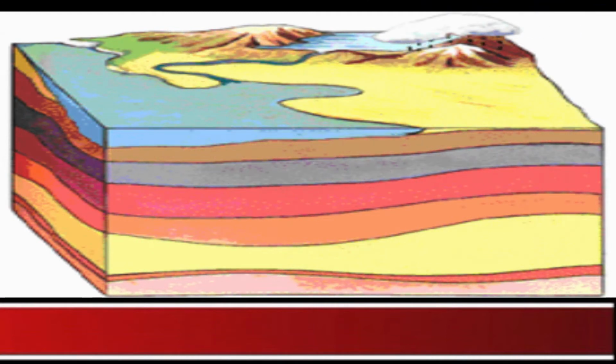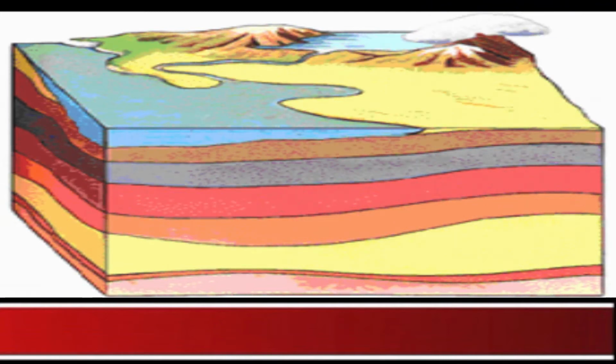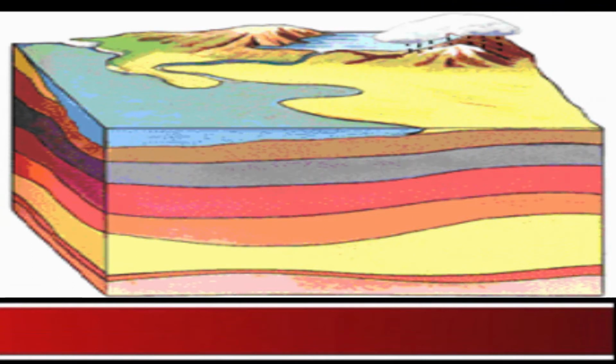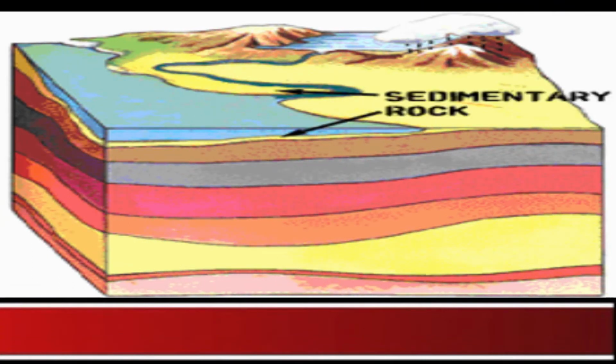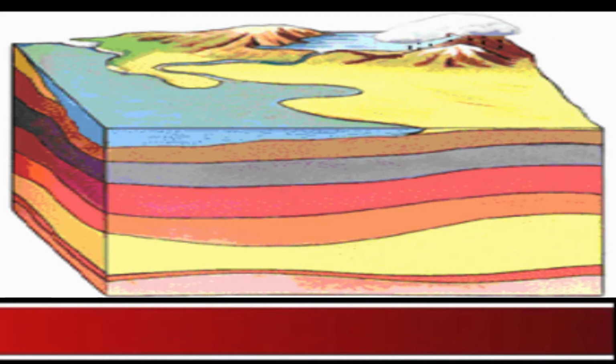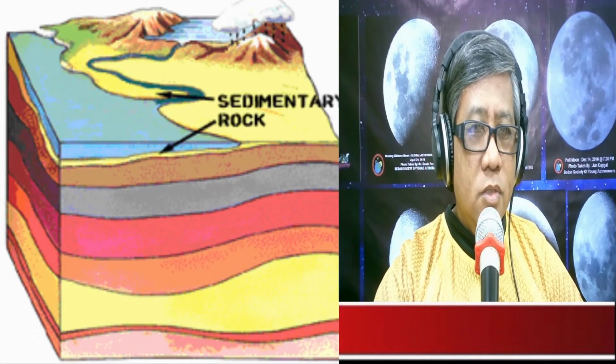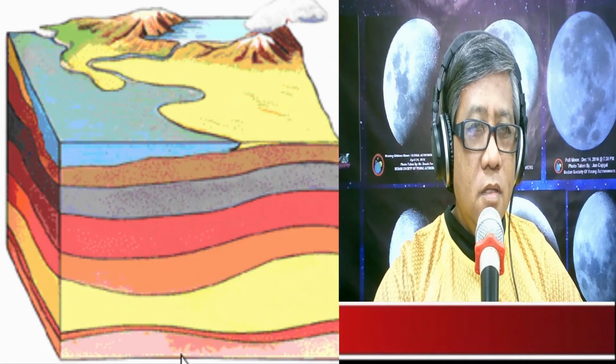The bottom layers of sediments get compacted or squeezed together, and dissolved minerals are deposited in the tiny spaces between the sediments. Eventually, they harden to form sedimentary rocks. Alright, so isn't that fascinating indeed?